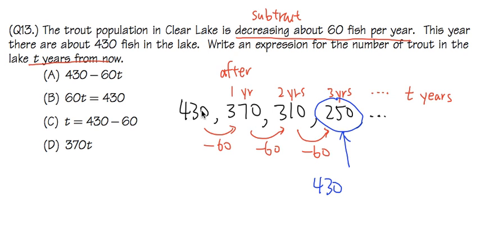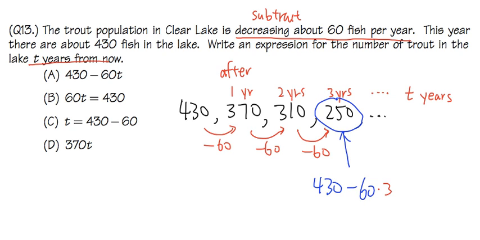We start with 430, and then you look at the process right here. I minus 60 here, I minus 60 right here, I minus 60 right here. I minus 60 3 times, okay? Because it's in the third year, it has been decreased by 60 fish 3 times. So I will subtract 60, but then I will have to multiply the 60 by 3.